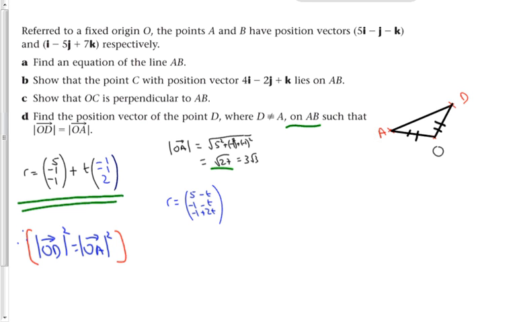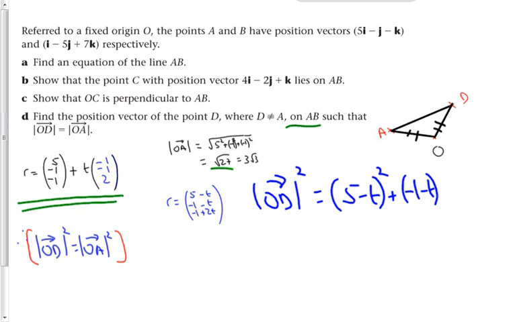So OD squared is equal to (5 minus t) all squared plus (-1 minus t) all squared plus (-1 plus 2t) all squared, and that has to equal 27.